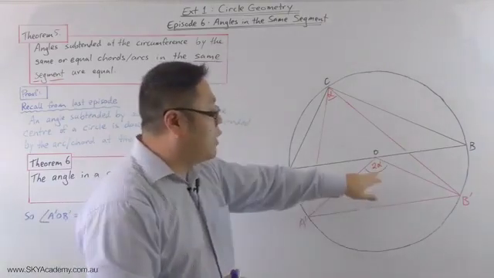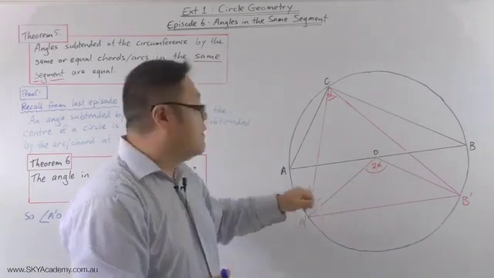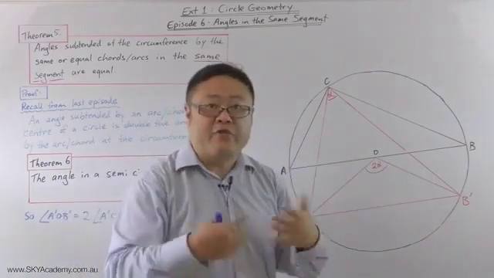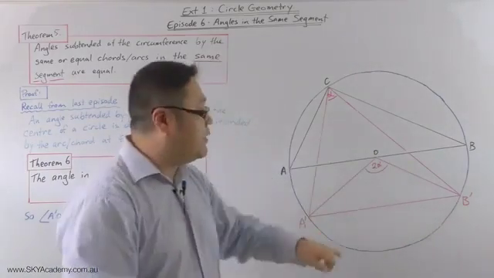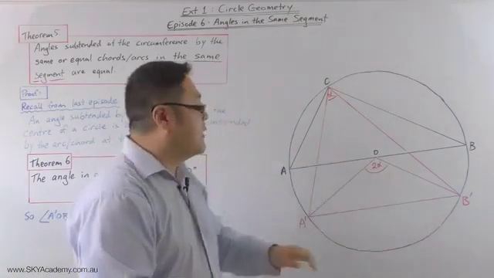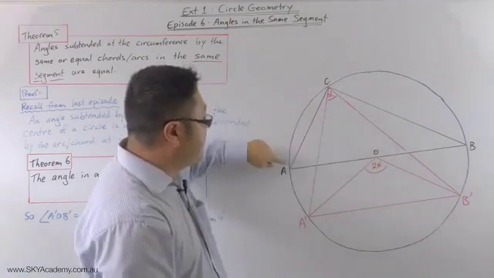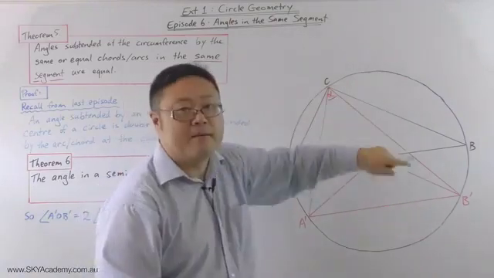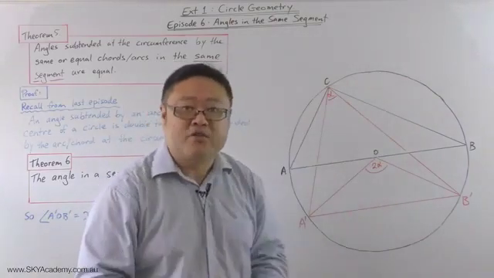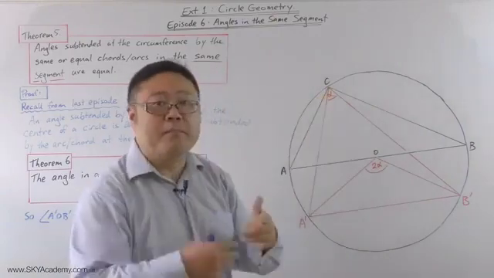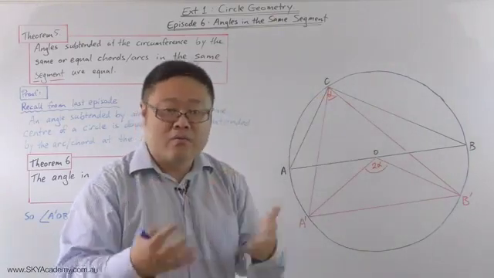So what would 2 alpha be equal to for angle AOB? It would be 180 degrees, a straight angle. If this angle is 180 degrees, what does that say about angle ACB? It's going to be half the straight angle. ACB will be a right angle.